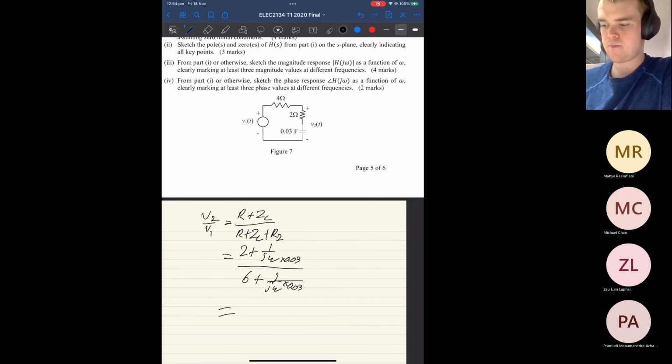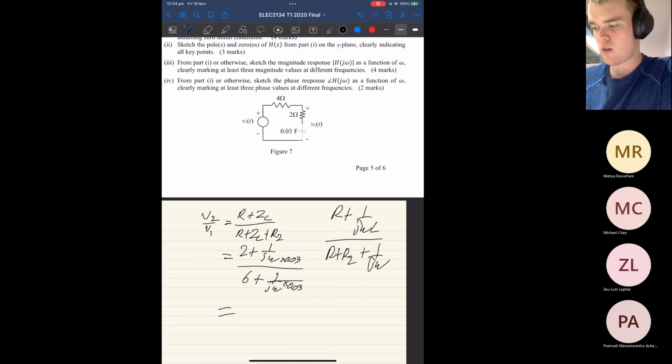And then because we would have had R plus 1 on j omega C on R plus R2 plus 1 on j omega C, we're going to times this up. So it's going to go to there, it's going to go to there. So we're going to have 2 j omega C plus 1 all on 6 j omega C plus 1.